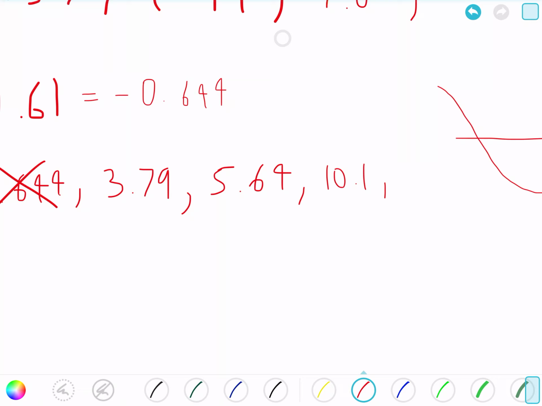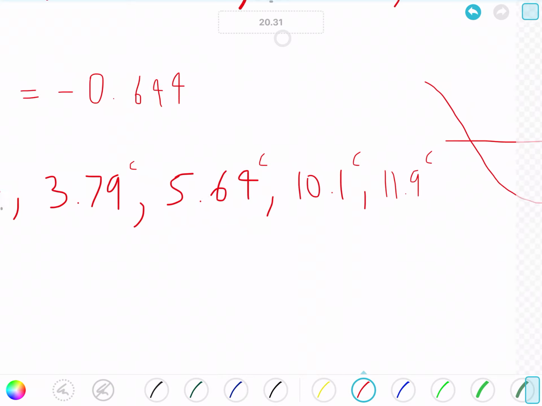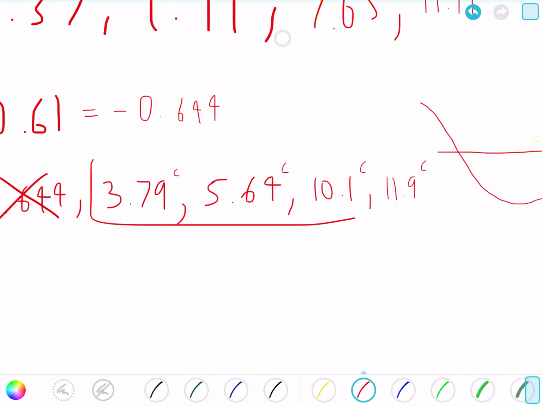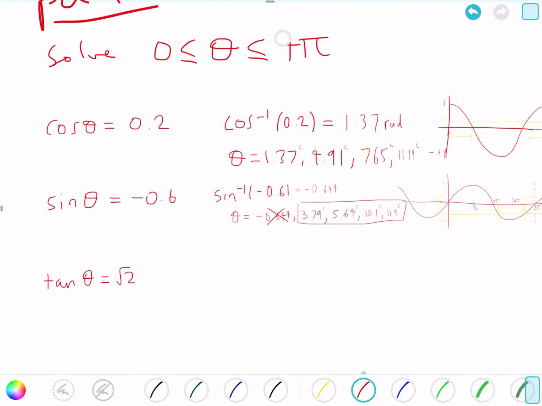And then take the 5.64 plus 2 pi, 11.9. So give it the radians symbol, and we've got 4 solutions, and if you type those in, sine of each of those, you should find that they come out very close to negative 0.6.